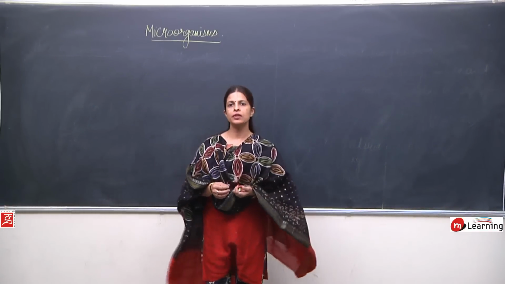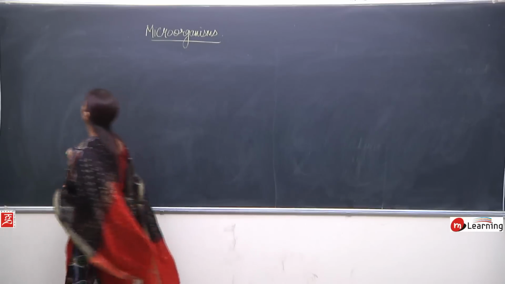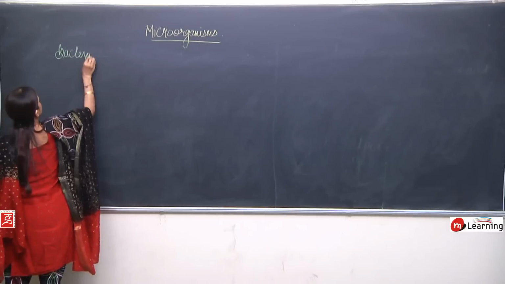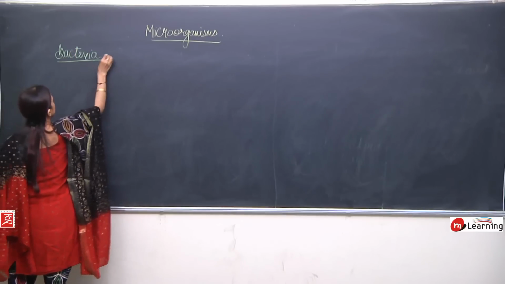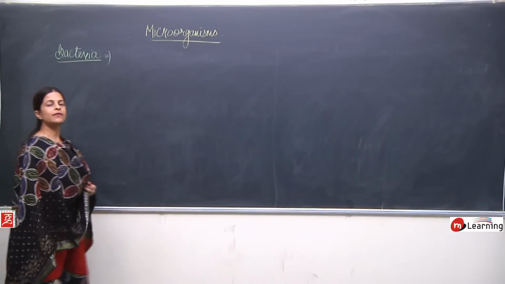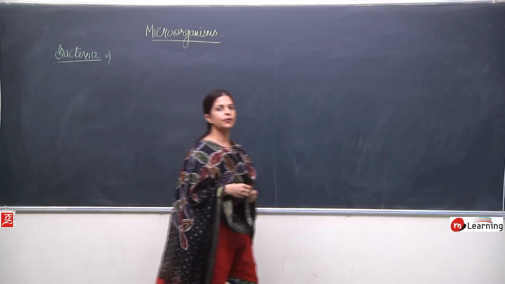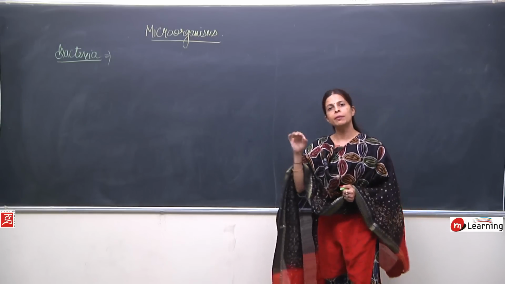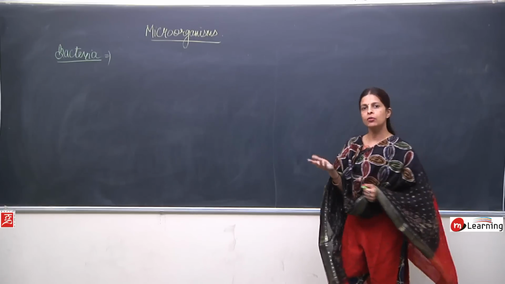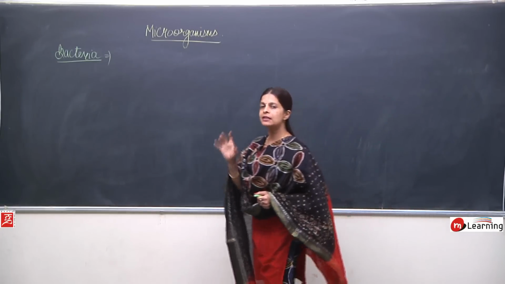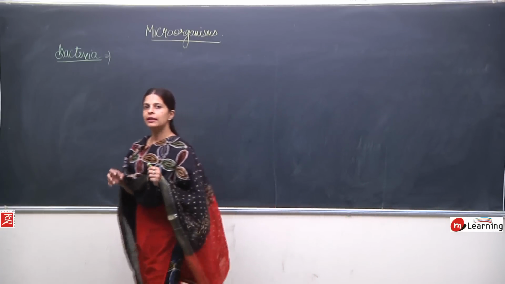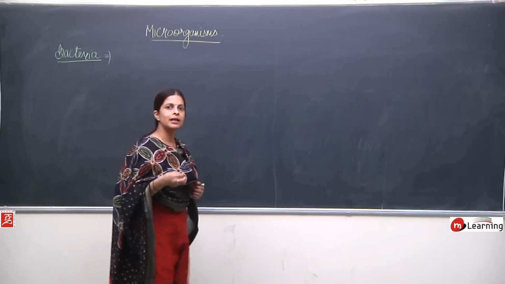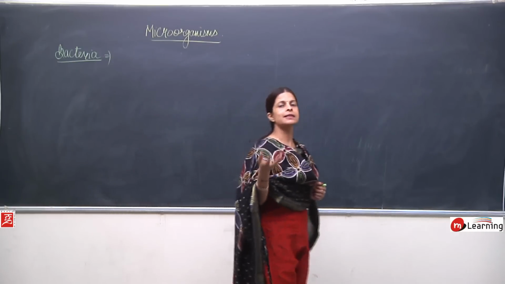I will be discussing bacteria. We will be talking first of all about the bacteria. As we have discussed, microorganisms are of different shapes and sizes. When we are talking about a particular group, now I am talking only about bacteria, but in this bacteria group also the different bacteria are of different sizes and shapes.